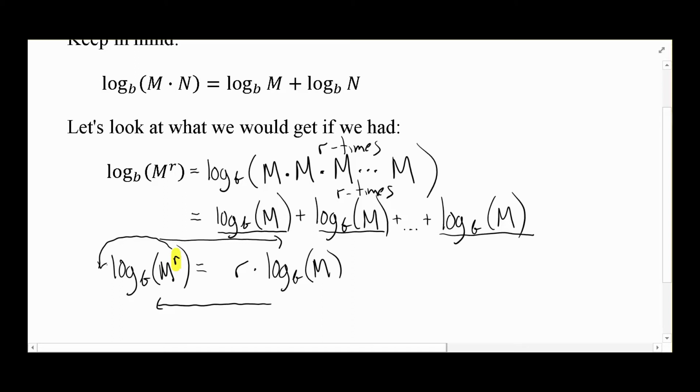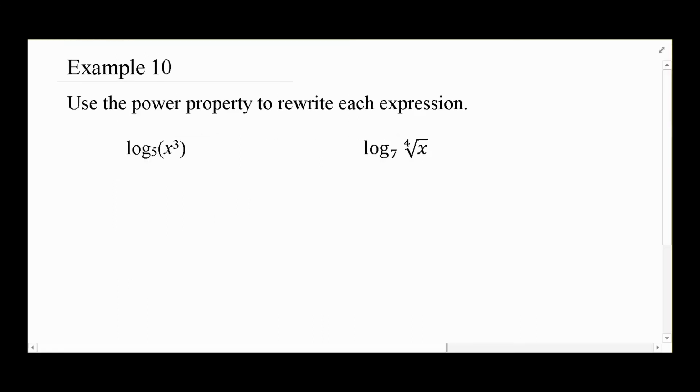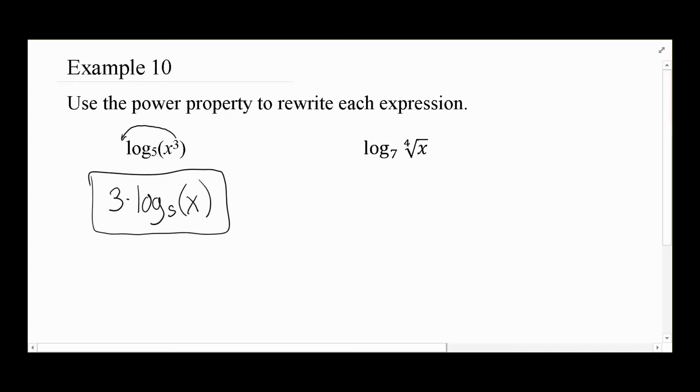And that's what this last rule is going to be, this power rule. And let's see it in action. So for this first example that we're asked to use the power property to rewrite the expression, we're just going to take the exponent and bring it down in front. That's all we're going to do to say it's 3 log base 5 of x. Simple as that. Done. That's all this power property is telling us.